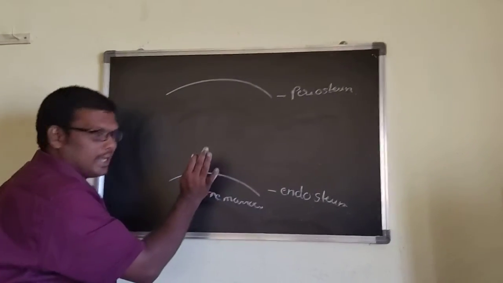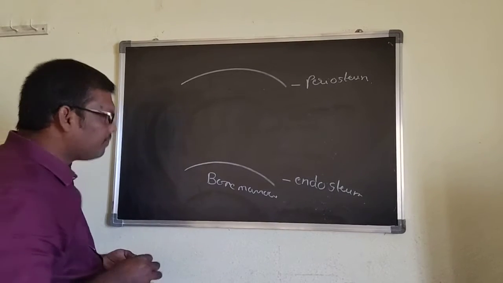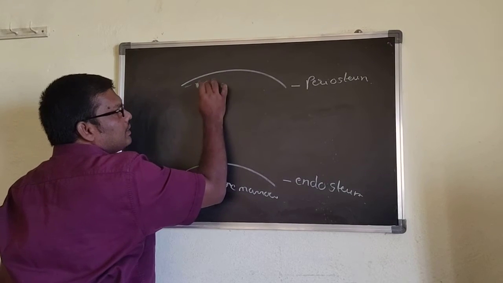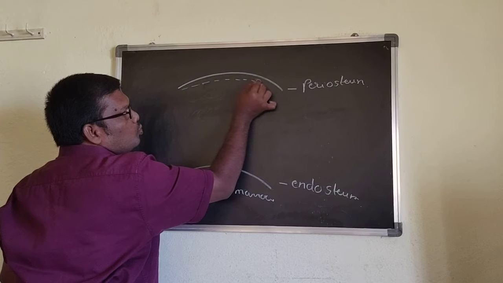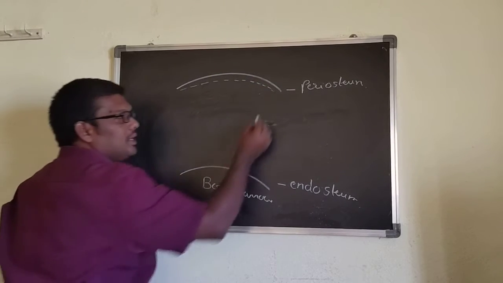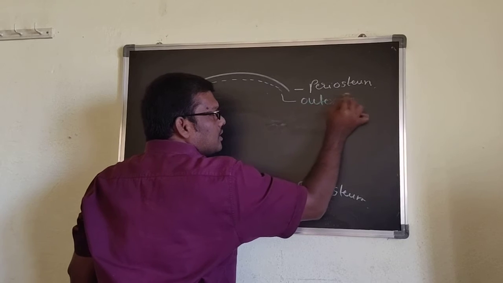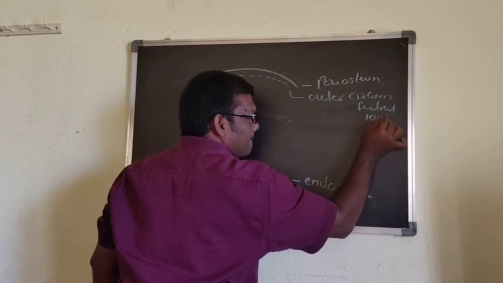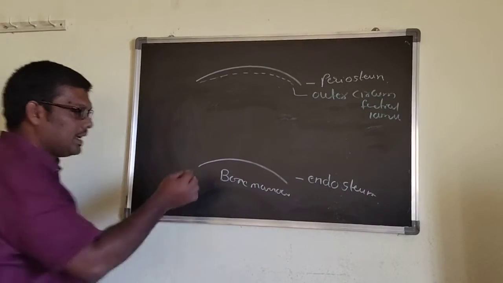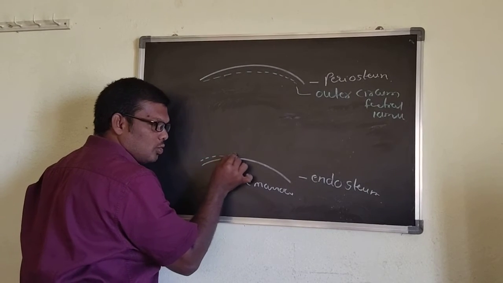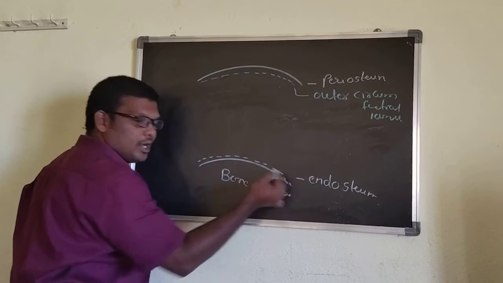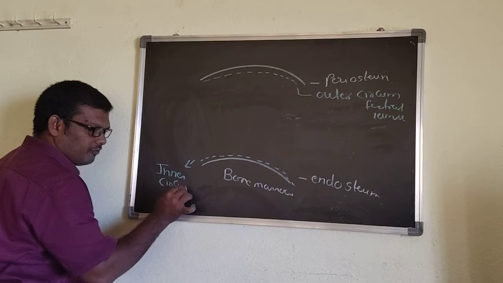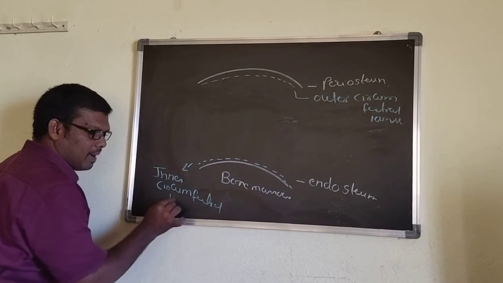The lamellae present towards the periosteum is called the outer circumferential lamellae. The lamellae present towards the endosteum is the inner circumferential lamellae.